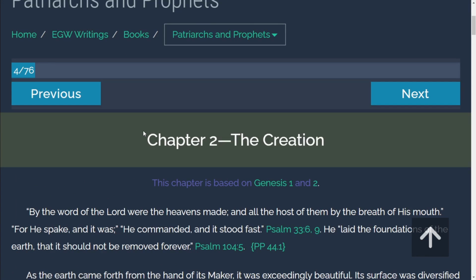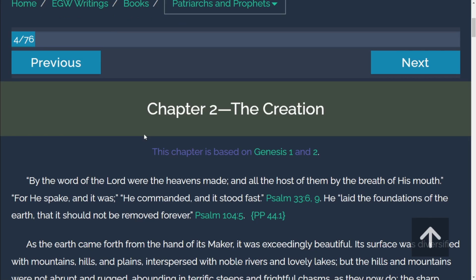Notice, I love this about the resource. You're reading the chapter Creation, but it tells you what the chapter is based on. It's important that you understand that. So, in reading these books, what you want to do is read the biblical accounts and then read what she has to say about it.